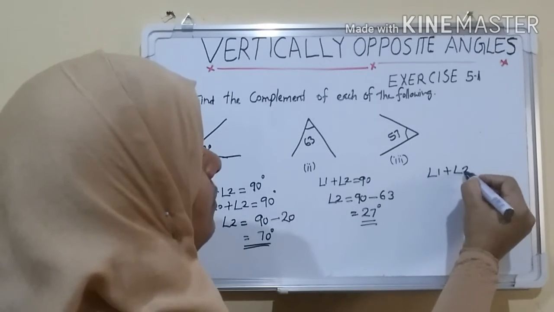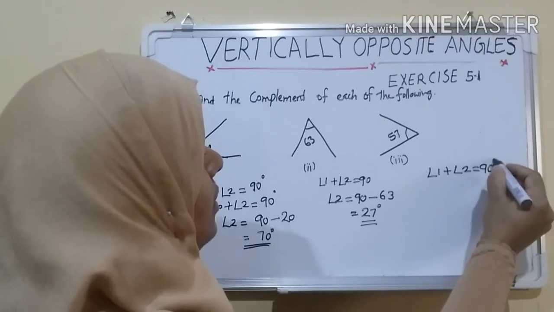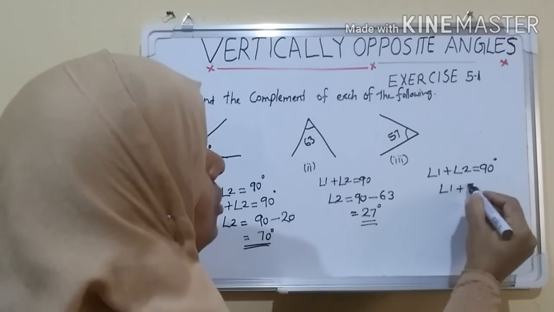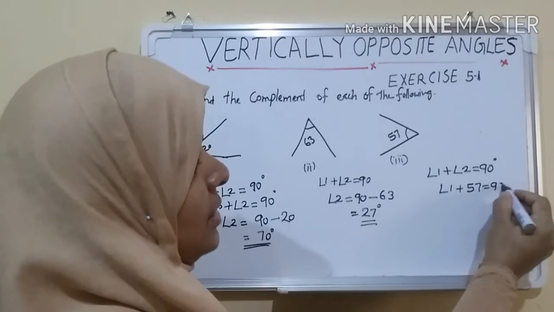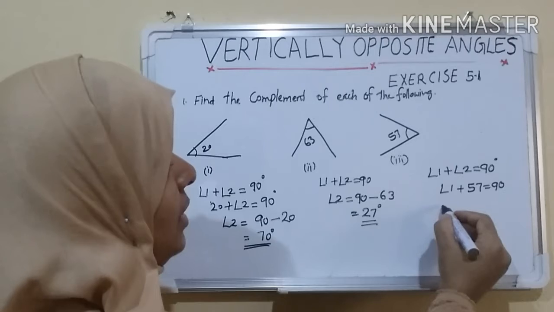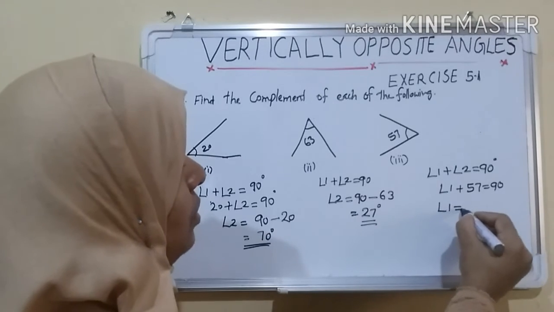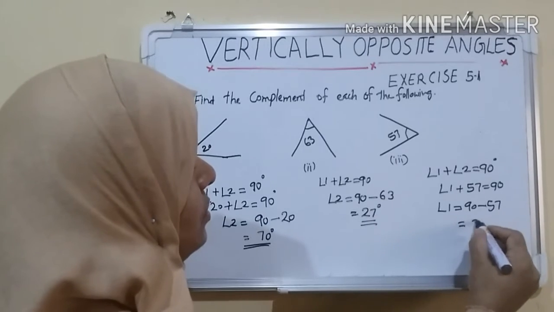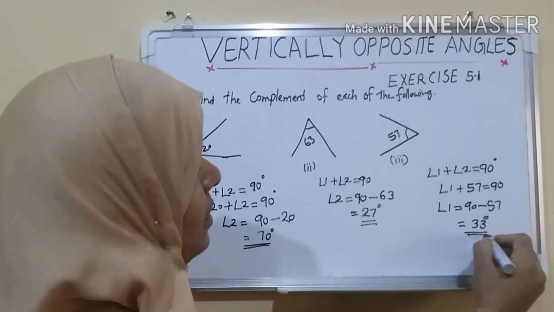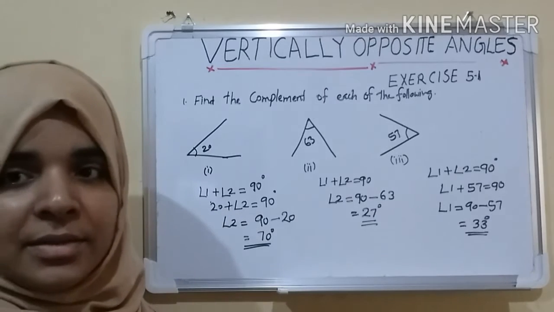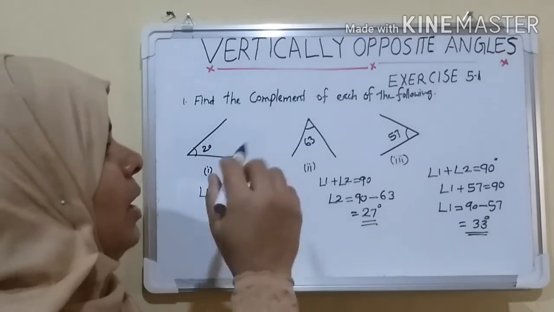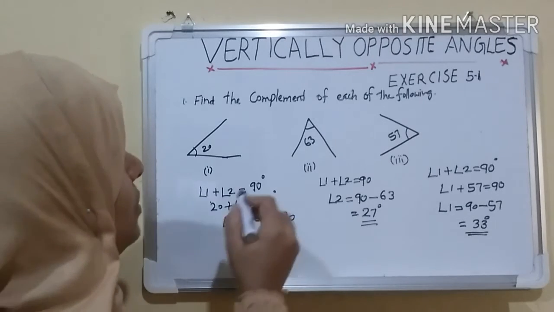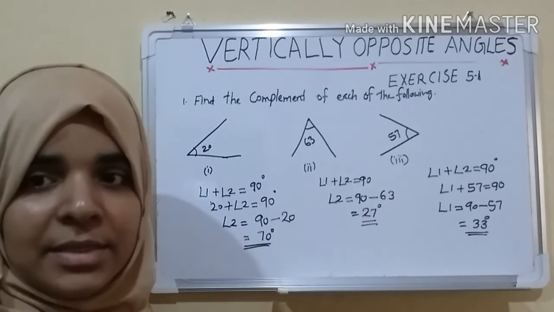Angle 1 plus angle 2 equals 90 degrees, with one angle 57. Then angle 1 equals 90 minus 57, that is equal to 33 degrees. These are the three angles. Understood? Because these angles are complementary angles, we have to subtract one angle from 90 degrees.